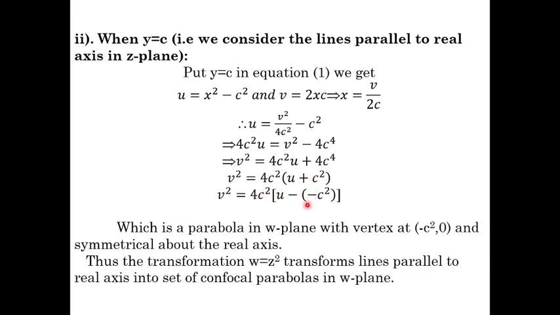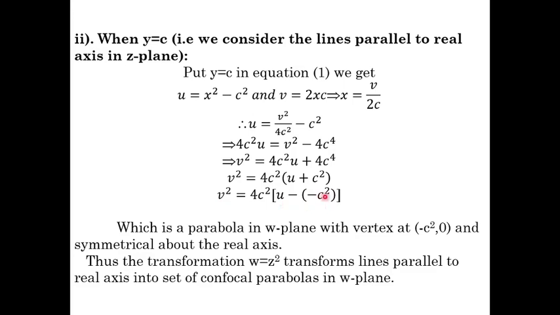The plus c² can be written as minus of minus c², because the standard equation is (y − b)² = 4a(x − a). Now this represents a parabola with vertex (−c², 0).